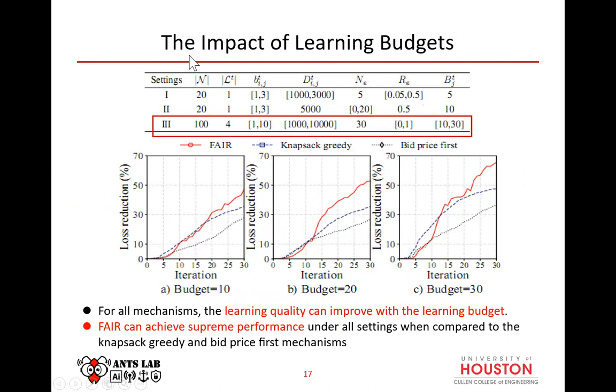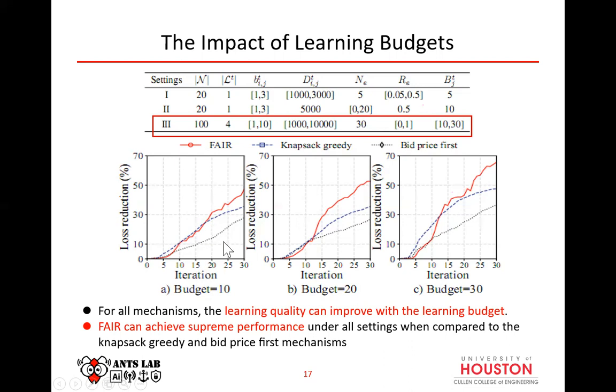And this shows the impact of learning budget. There are 100 distributed nodes and four learning tasks in each iteration. Among the 100 nodes, the training datasets of 70 nodes are clean, but the other 30 nodes have noisy training datasets with different levels of data quality.